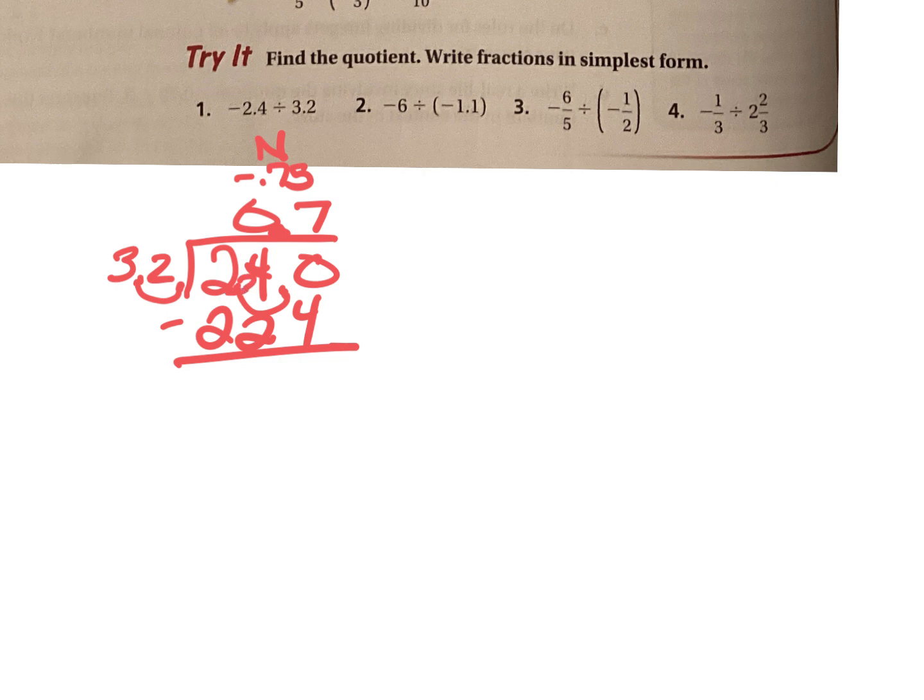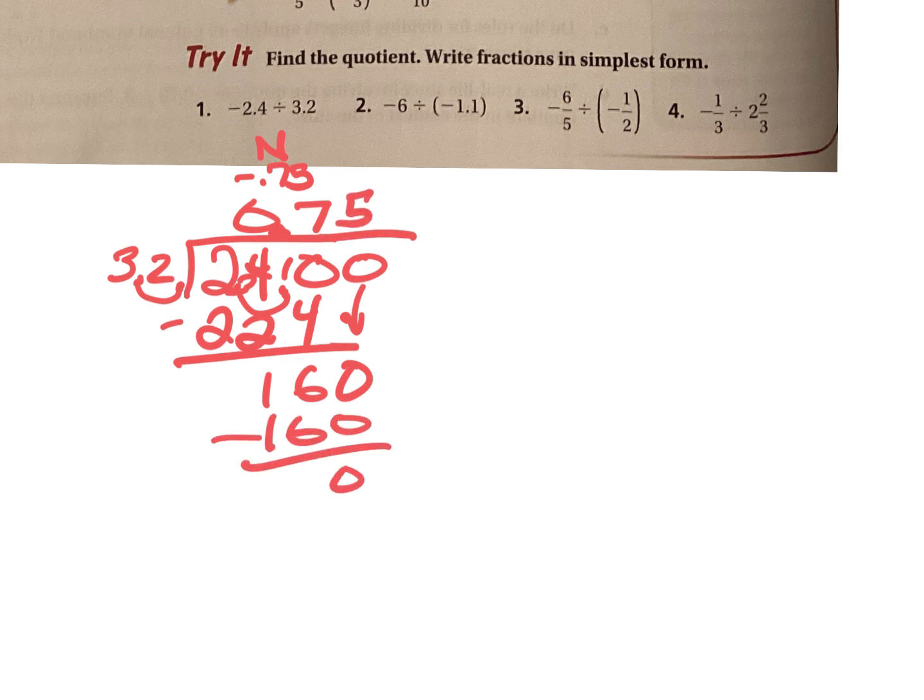Subtract that out. Gets me 16. And I add another 0, bring that down. And then 32 times 5 gets me 160. And that zeroes out, and nothing more to bring down. So it is also negative 0.75. So calculator I'm fine with, but I also want you to know how to do long division.